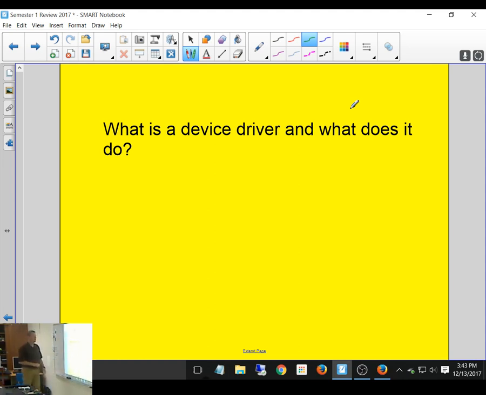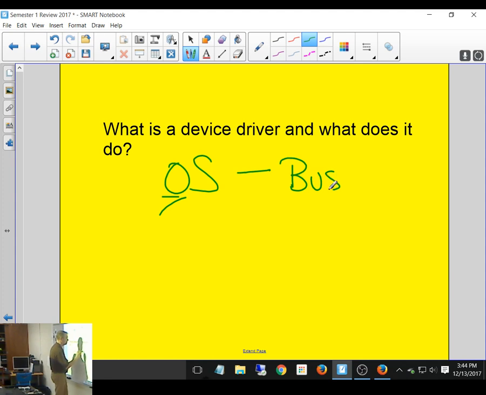Let's see. So, a device driver is a small program that makes hardware work. Without the device driver, and that's what is loading when we see the Windows icon spinning around, it's loading device drivers. And device drivers have to be specific for the operating system and the bus width, okay?